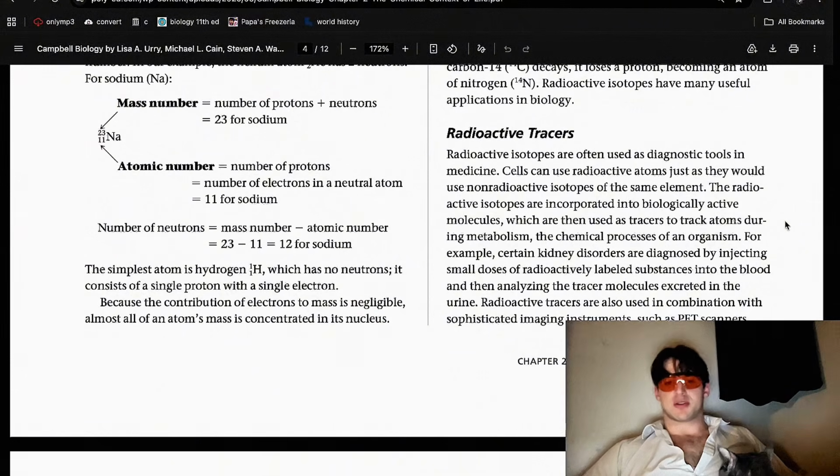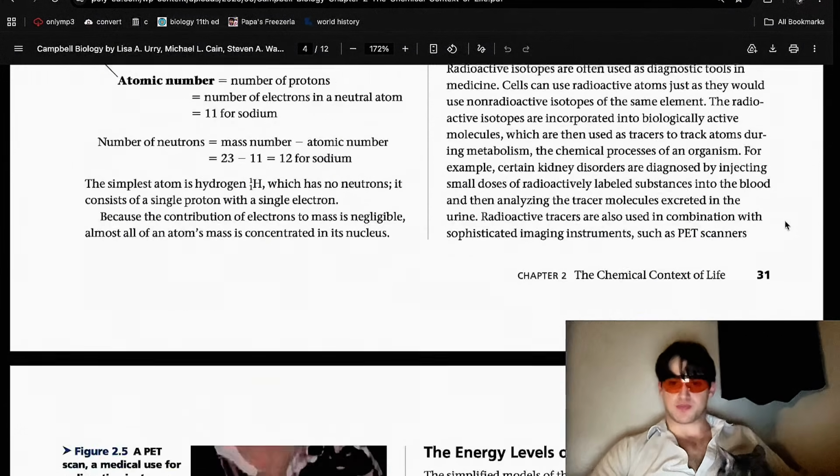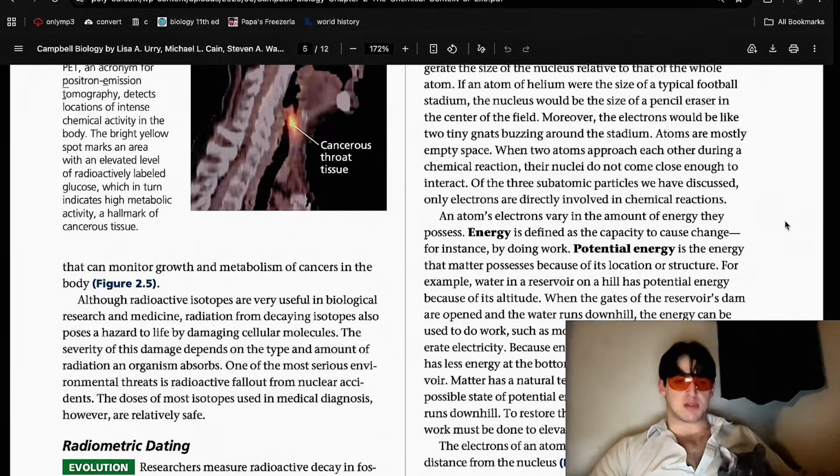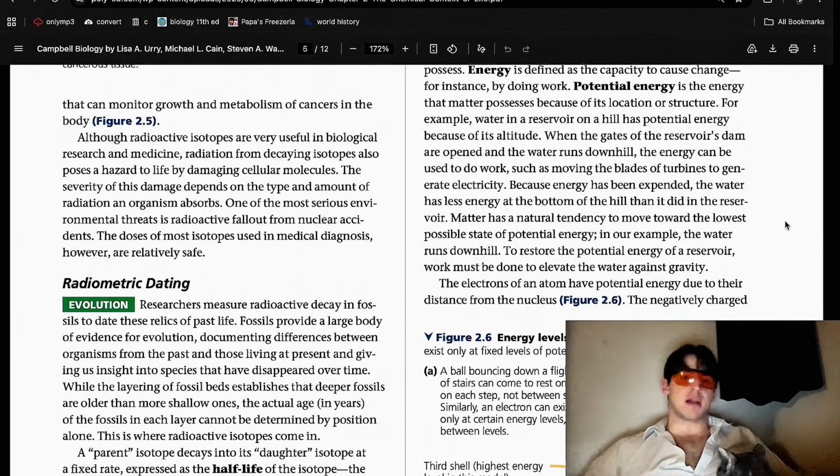For example, certain kidney disorders are diagnosed by injecting small doses of radioactively labeled substances into the blood and then analyzing the tracer molecules excreted in the urine. Radioactive tracers are also used in combination with sophisticated imaging instruments such as PET scanners that can monitor growth and metabolism of cancers in the body.